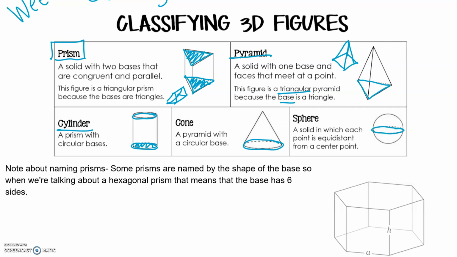Spheres, just like the globe for Globies. It's a solid in which every point is equally distant from the center of the sphere. So no matter where, the radius will always be the same for a sphere.